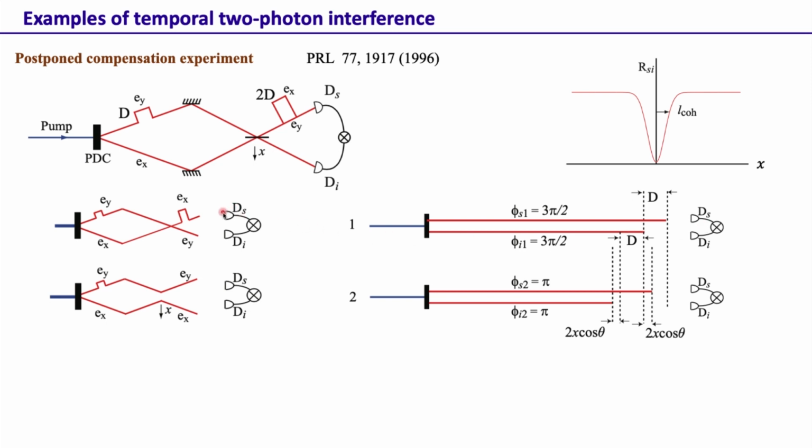So whatever comes at the signal detector is the signal photon. Here the photon that starts from here gets to the signal detector in this alternative, and the photon that starts from here gets to the signal detector in the second alternative. But from the detector's perspective, we call whichever photon gets to the detector the signal photon. So in this alternative, this one is the signal photon, and in this alternative, this one is the signal photon, and that's how we draw it.